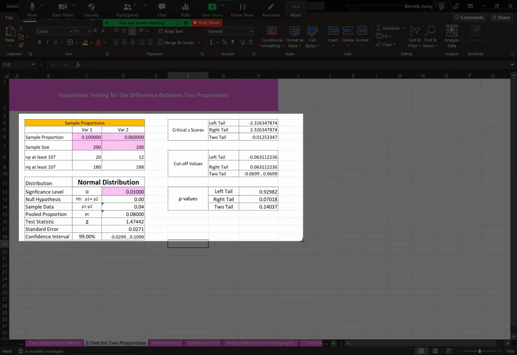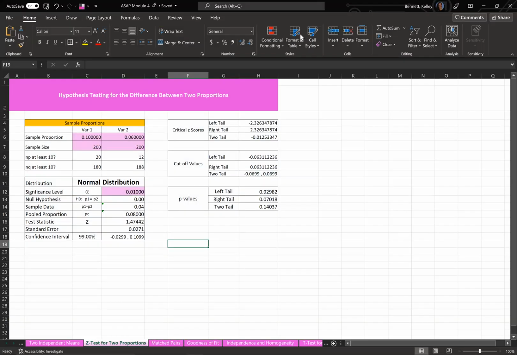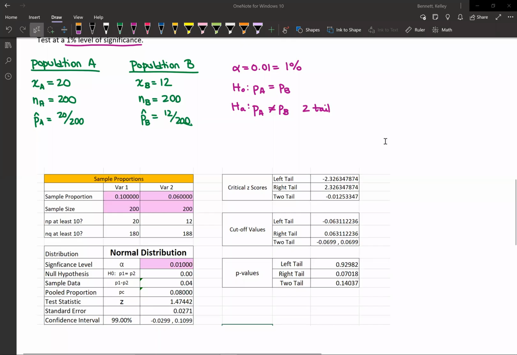Okay, so let's grab that and bring it back to OneNote. All right, so we put in our data. And let's look at the confidence interval really quickly. So again, kind of just harkening back to module 3 confidence intervals, or even thinking back to when we had our z-test for a single proportion, you can definitely think of it in terms of a confidence interval.